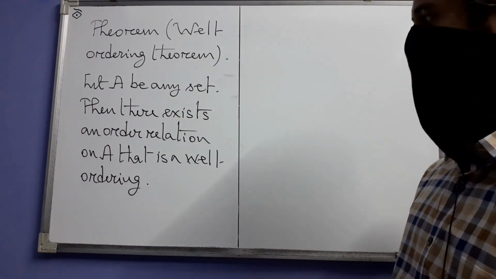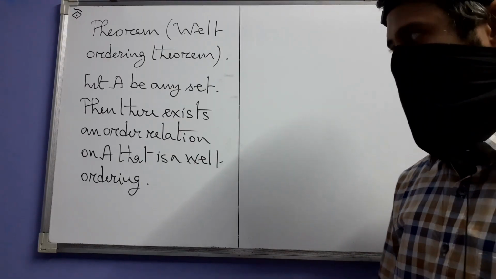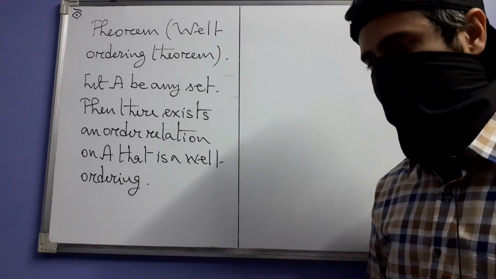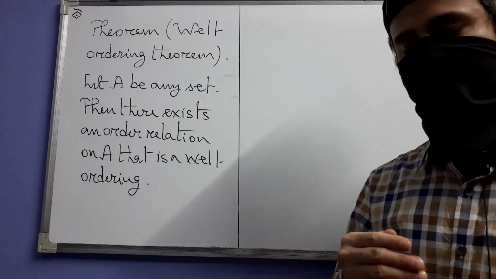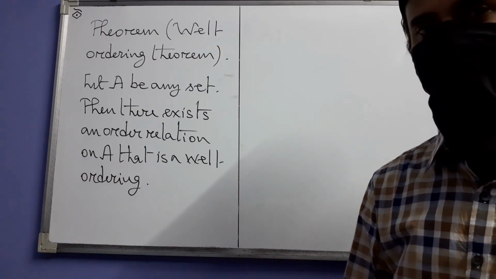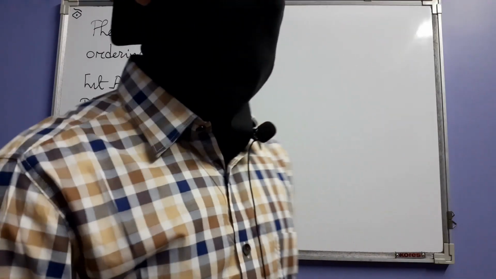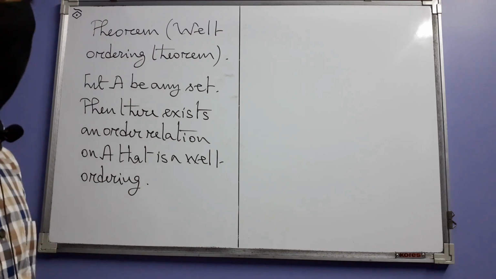And it really astonished the mathematical world because it is so general, but there was considerable controversy and debate regarding its correctness. So the thing here is that it is an existence theorem.